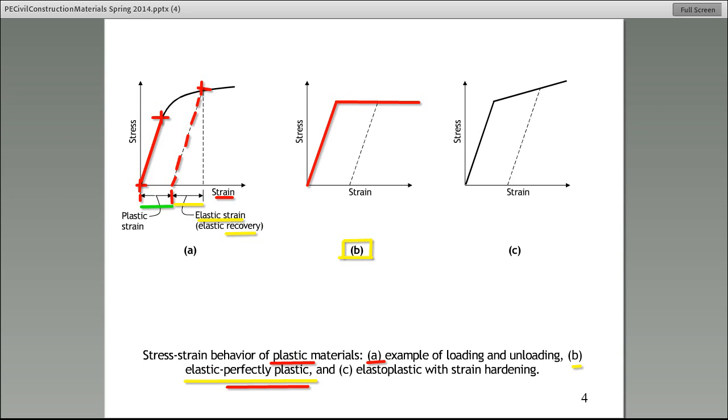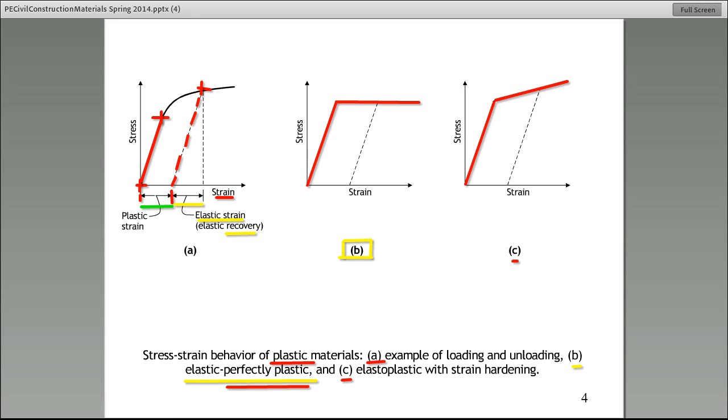Now, very quickly, let's cover part C. Part C is called elastoplastic with strain hardening. Please note, it is linear. The relationship is linear up to that knee with a certain slope. But then beyond the knee, that relationship is what? You got it. It's still linear, however, with a different slope.